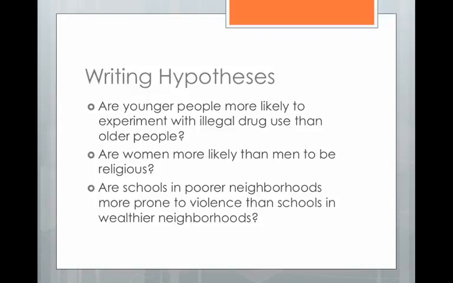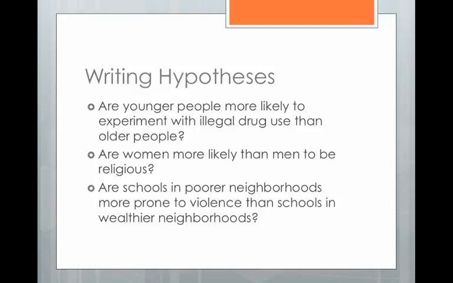Or you could say if you are younger, then you are less likely to experiment with illegal drug use. There are different ways that you can phrase this. In real research, we would base our hypotheses on the literature review and the prior research that we had done. But since we're kind of skipping that step in this class, you just can base your hypothesis off of common sense knowledge and what you know about the social world.